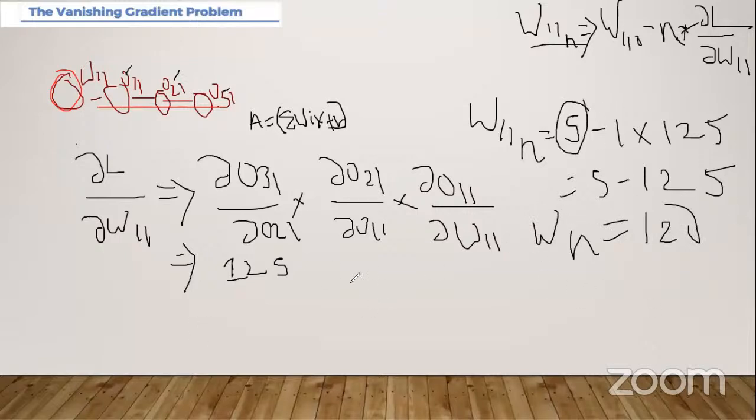So there is a huge jump, right? So when we try to apply gradient descent to reduce the loss, this is the positive side, negative side, positive side. And this was our old weight, let's say here, W11 old.